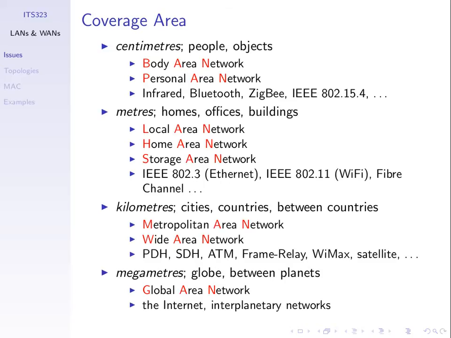WiMAX is a wireless technology for larger distances than Wi-Fi. So Wi-Fi generally covers meters, tens of meters, maybe in extreme circumstances with very large antennas, maybe kilometers. WiMAX is an alternative really to your 3G wireless access.